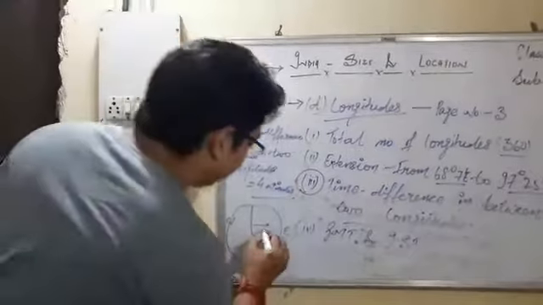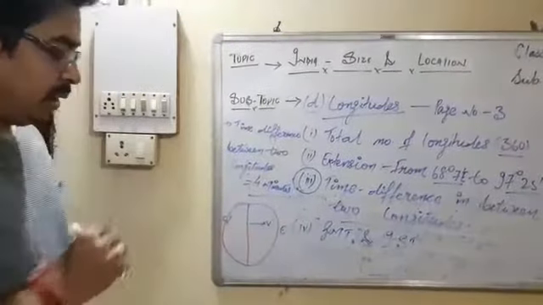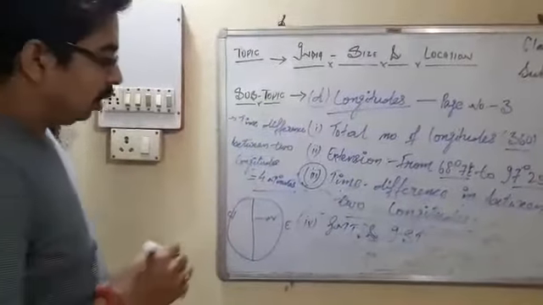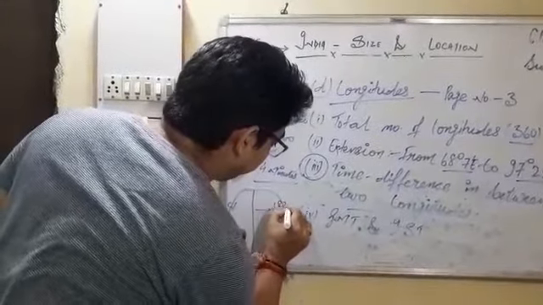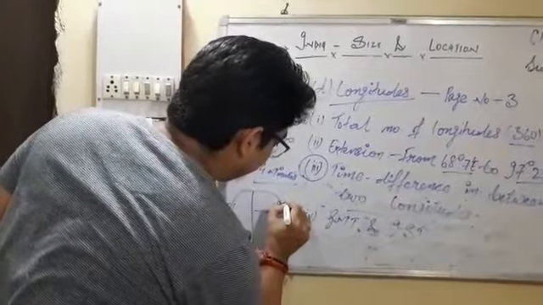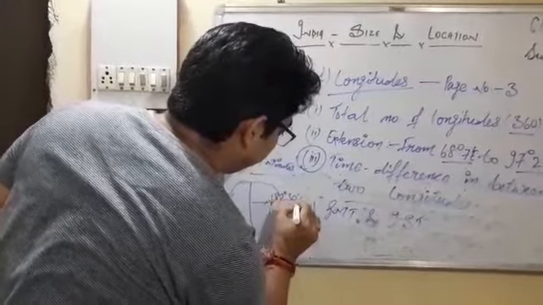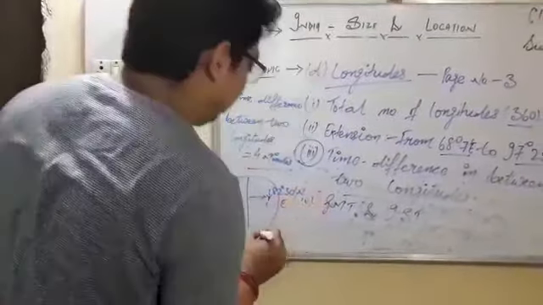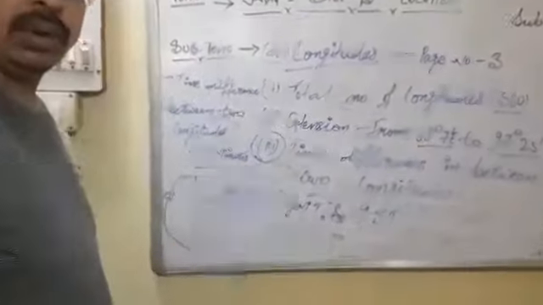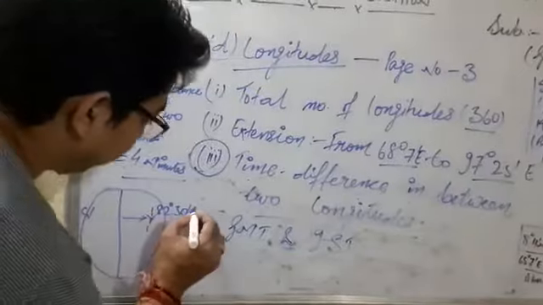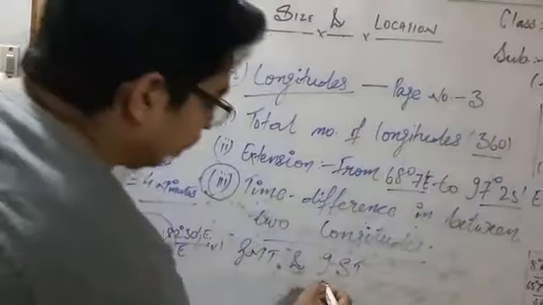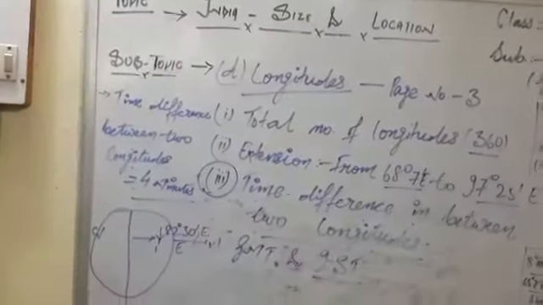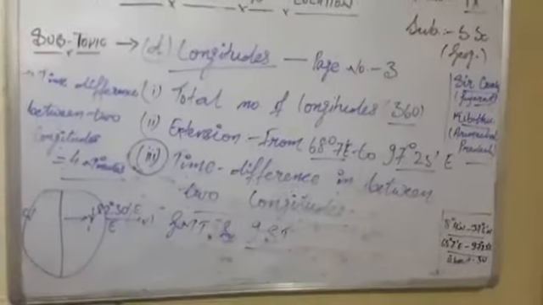India is here in the Eastern Hemisphere, and here we take 82° 30' north, sorry, 82° 30' east, as our standard time, what we call Indian Standard Time.